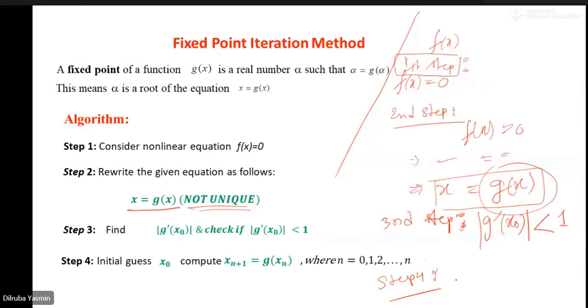So what about step 4? You have to apply this iterative formula. If you have z of x, then you can substitute xn instead of x here, and at the left hand side you have to write x n plus 1, because this is an iterative formula.